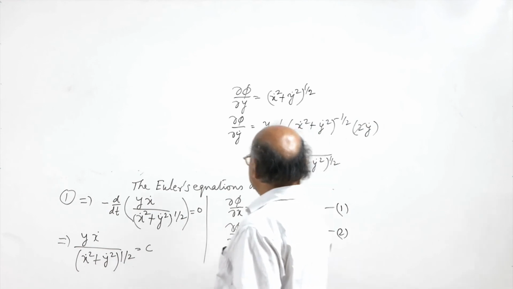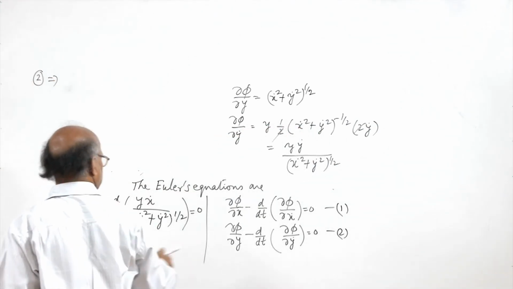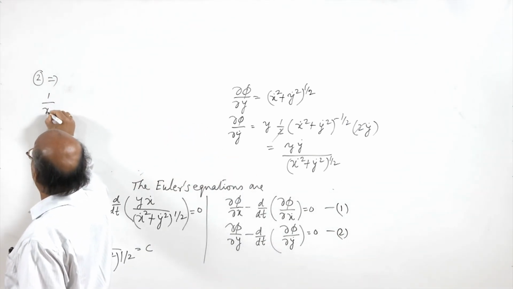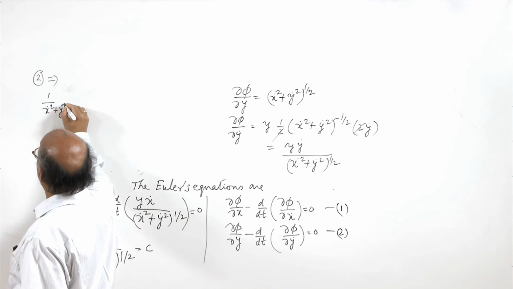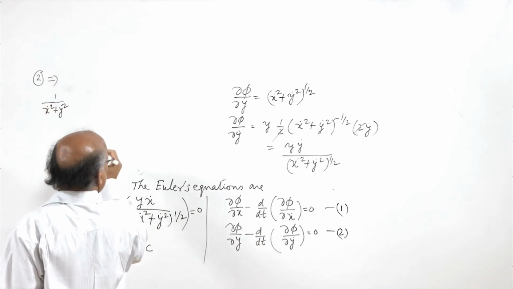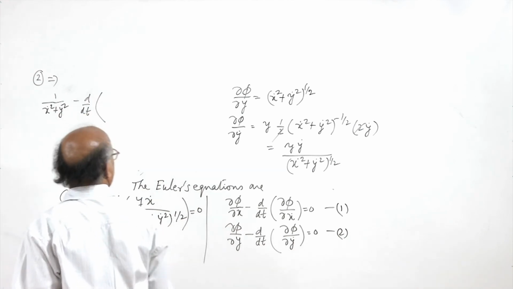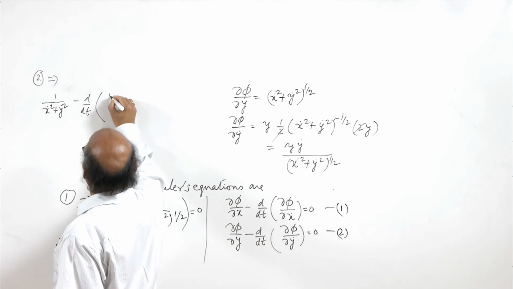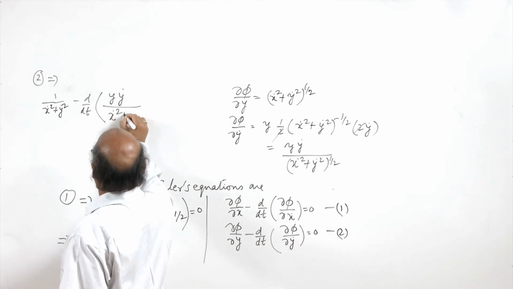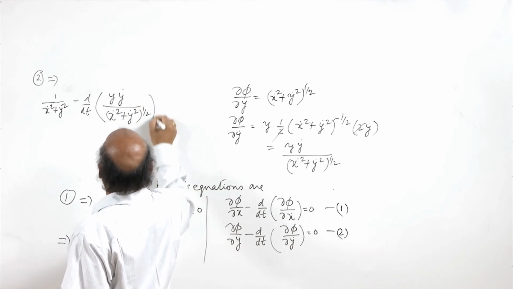And therefore the second Euler's equation gives us the partial derivative with respect to y, so 1 upon (x dot square plus y dot square) to the power half, minus d over dt of y y dot divided by (x dot square plus y dot square) to the power half, equal to 0.